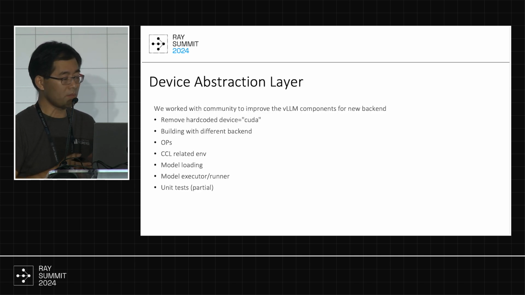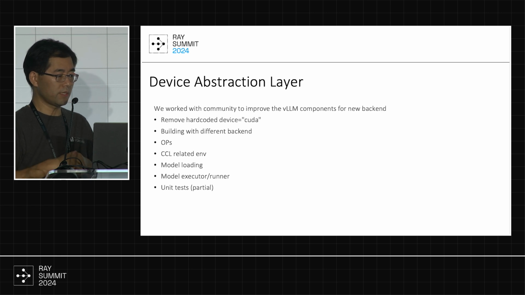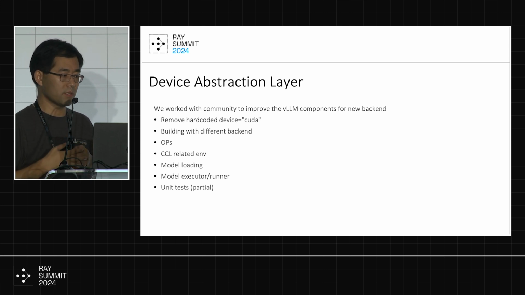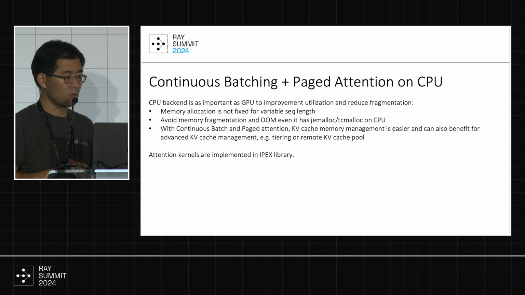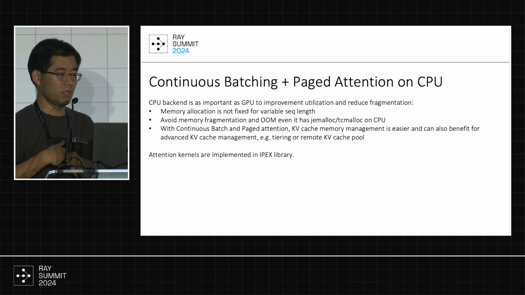I already talked about the multi-backend device abstraction design, and this allows us to add more hardware support easily. I'll skip this page. Now, continuous batching and paged attention. This was the original shining point when vLLM was introduced more than a year ago, but that started with GPU optimization in mind.